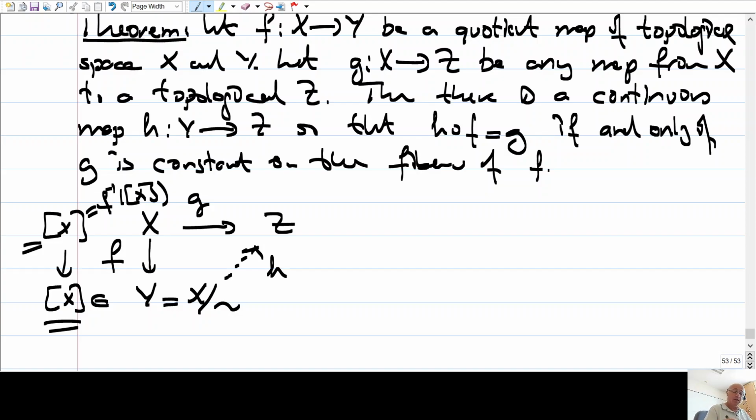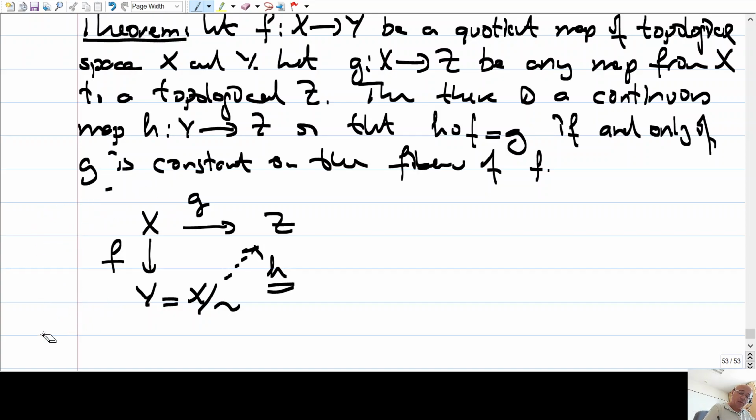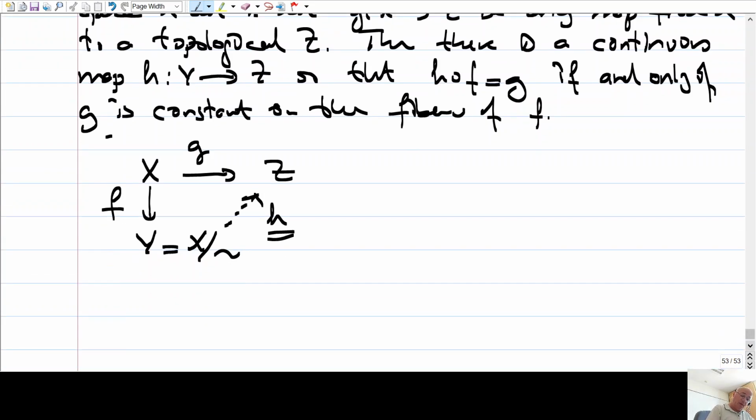So if g is constant on the subset, in other words, if g sends every element of this subset to a single element, then we know that there is such an h. This theorem tells us that there is such an h, and that h is also continuous, provided that g is continuous. Actually, continuity of g is equivalent to the continuity of h. And the proof is very simple.